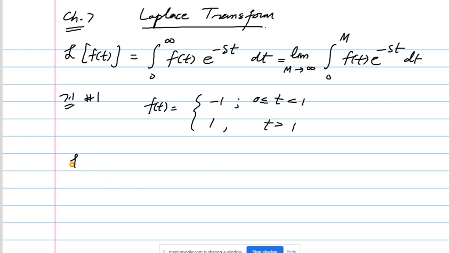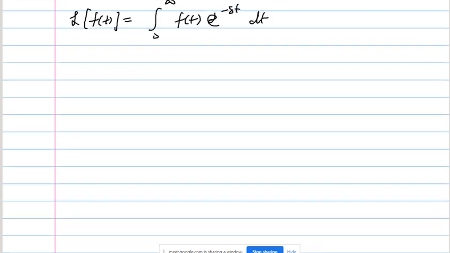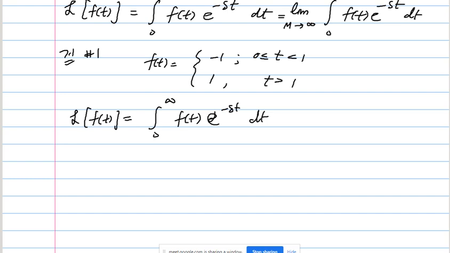If I find the Laplace transform of this function, I have to integrate this function with e^(-st) dt. Now the function is different before 1 and after 1, so I will break my interval from 0 to 1.